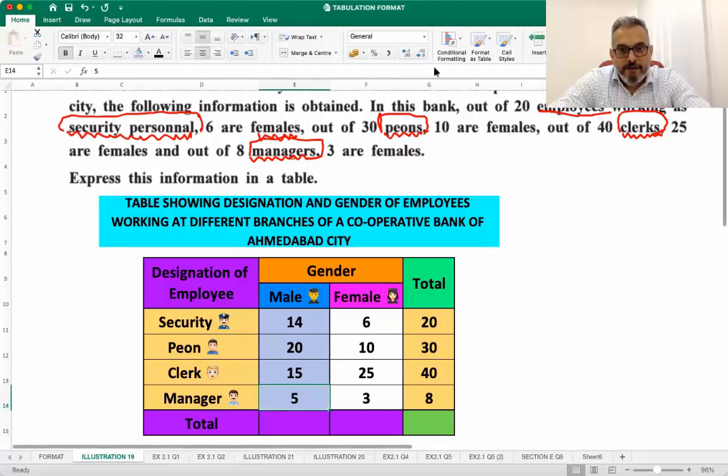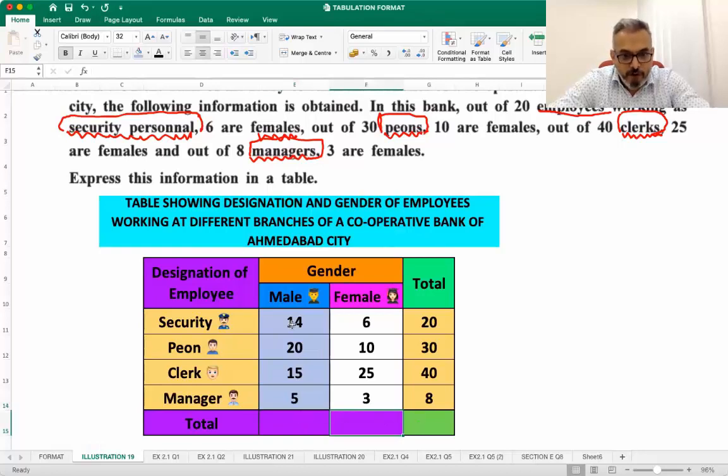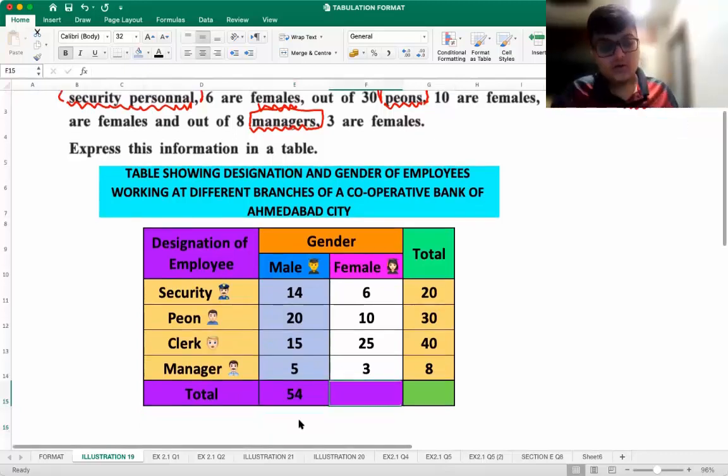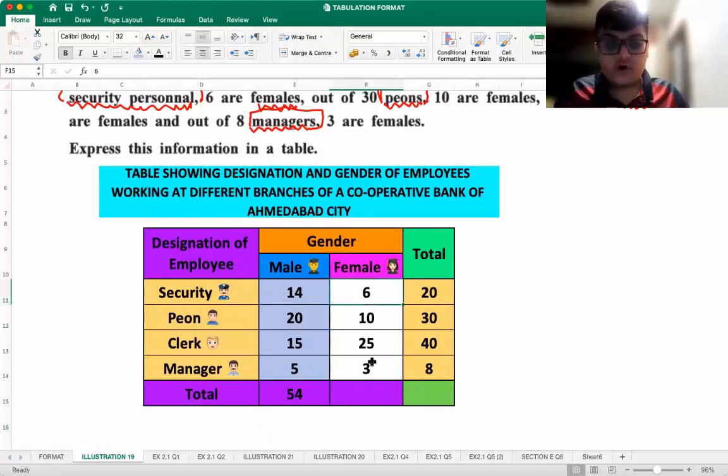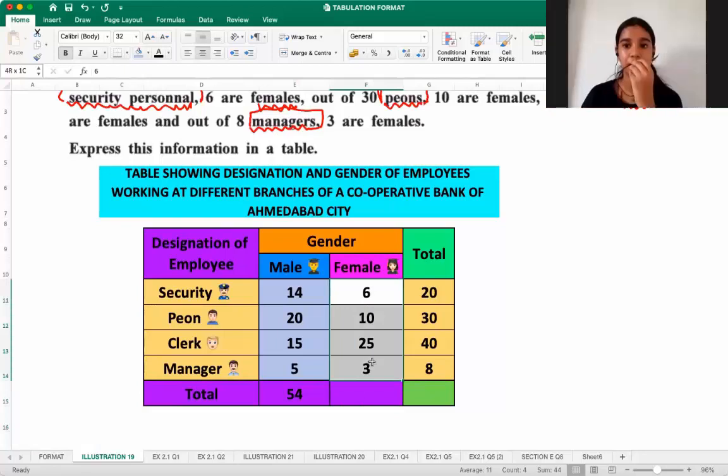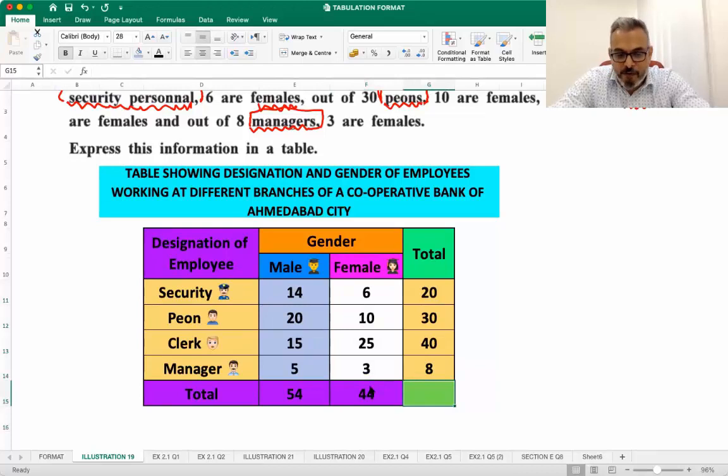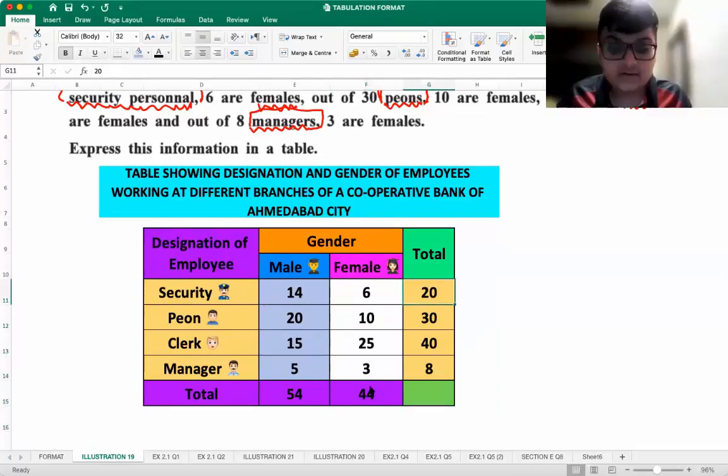Now let's fill the missing cells over here. So 14 plus 20 plus 15 plus 5 is 54. 54. And female 6 plus 10 plus 25 plus 3 is 44. Now very important, this block here, 98.